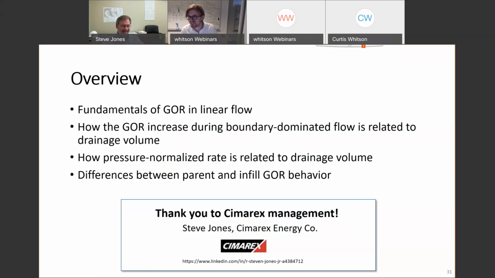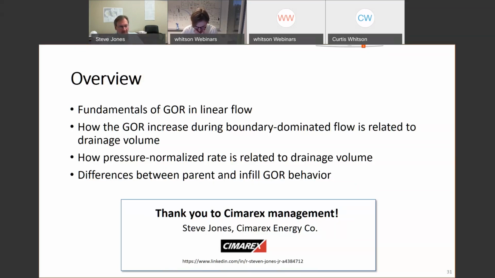Well, the main difference here is that I'm focused on boundary dominated flow, whereas the early paper was really talking about the transient period. And we don't see much of a transient period anymore with the way we're completing the wells. So the main difference is what you can get out of that boundary dominated flow.